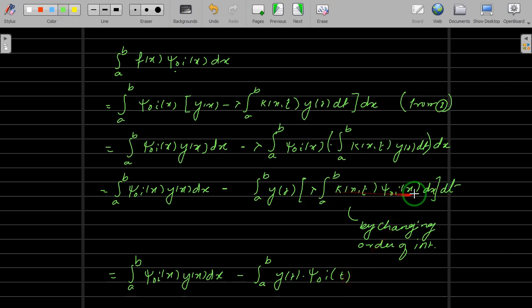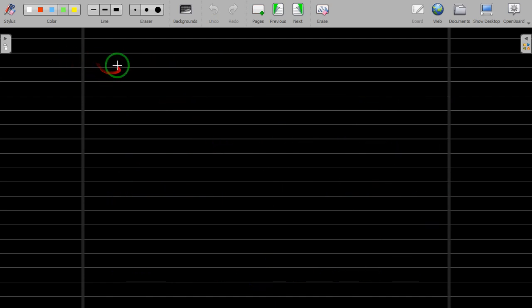It will be t, you are integrating with respect to x, so it will be a function of t, psi 0 i of t dt. And since the variable of integration is a dummy variable, both the integrals are the same, and this will be equal to 0. And this implies f(x) is orthogonal to psi 0 i of x, i from 1 up to r.